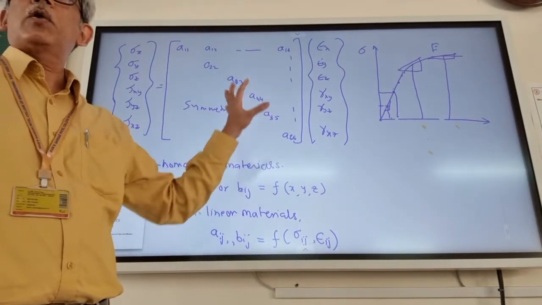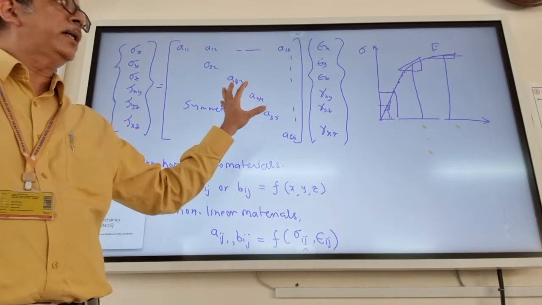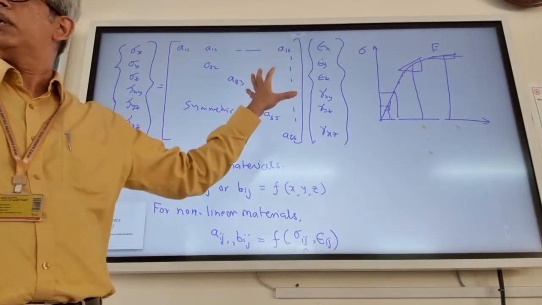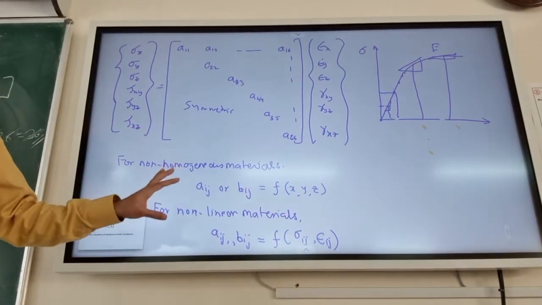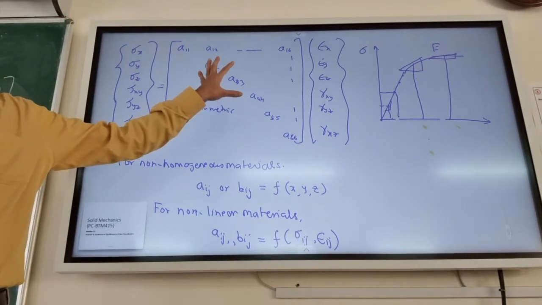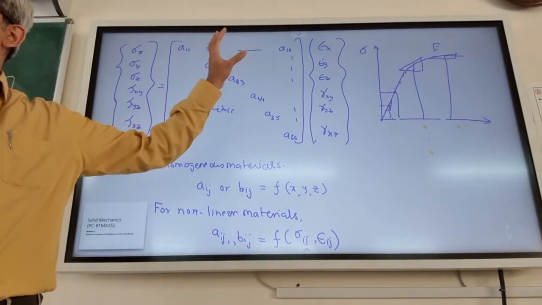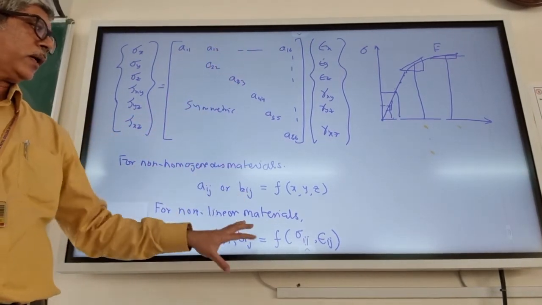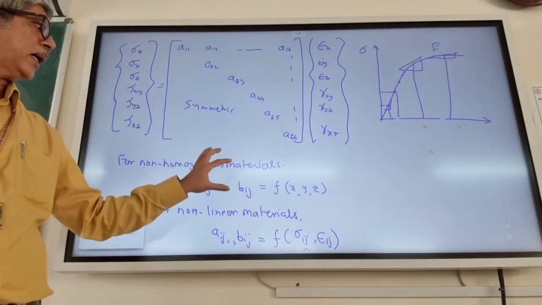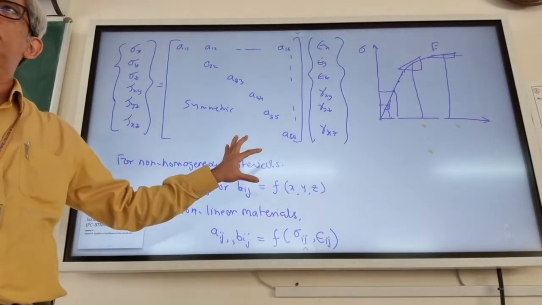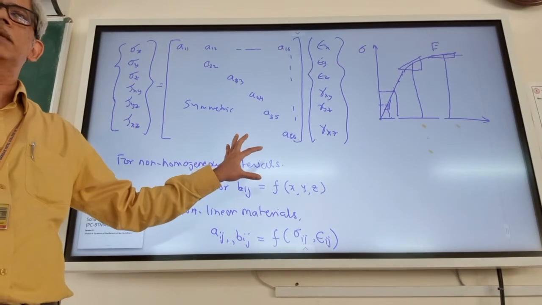For the purpose of this course, we will look only at linear material, so we don't have to worry about these complexities, but you should be aware of how the coefficients of the constitutive equations will differ for non-linear materials and for non-homogeneous materials.